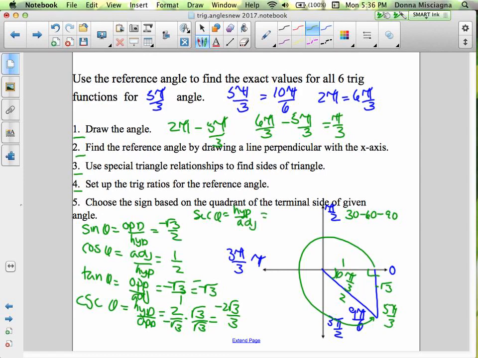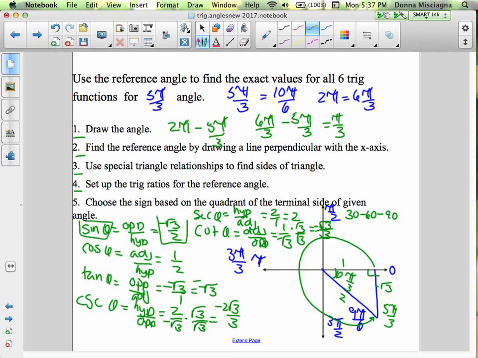That's going to be 2 over 1, which is just 2. And last but not least, we have cotangent theta, which is adjacent over opposite. So that's going to be 1 over negative square root of 3, and then we'll rationalize that. So that's going to be negative square root of 3 over 3. And there we go. So there are all of our trig ratios.